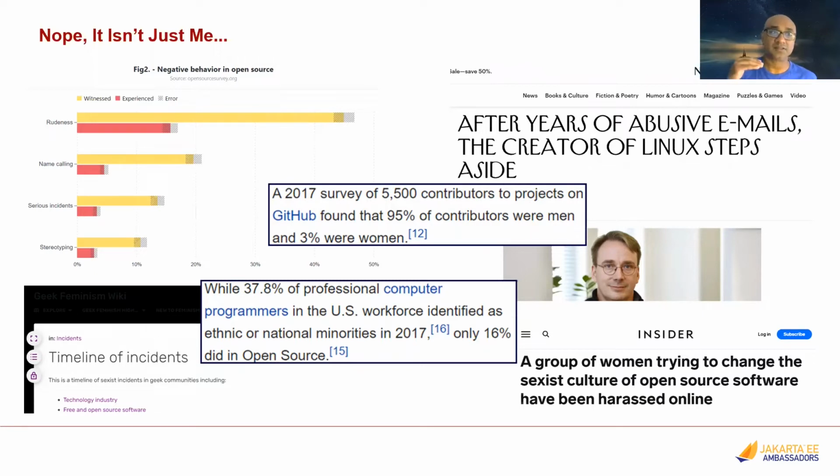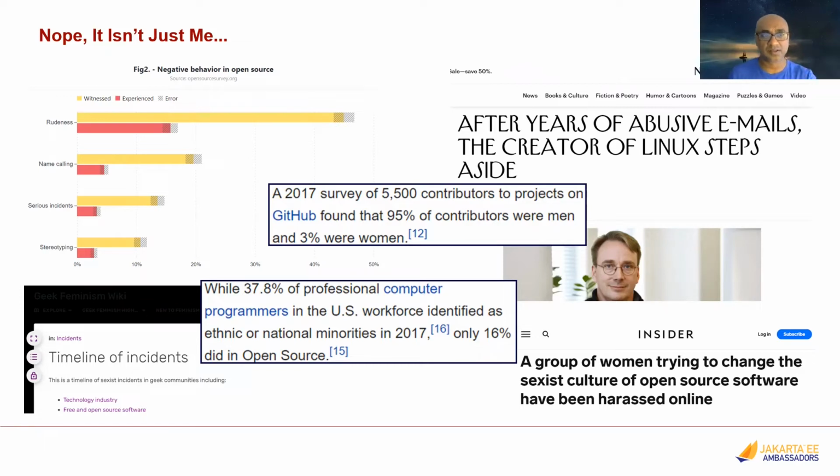There are things like name calling, serious incidents. That's 15%, right? That's almost 1 in 5 people that have seen serious incidents happen in open source. Imagine that, right? If that was your work environment and 1 in 5 people in your work environment has witnessed a serious incident, what kind of environment is that, right?